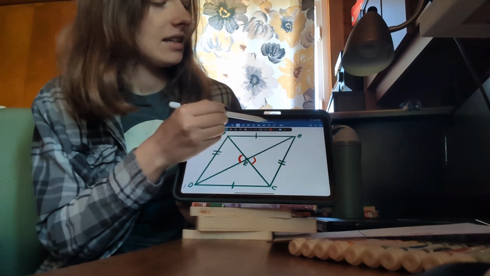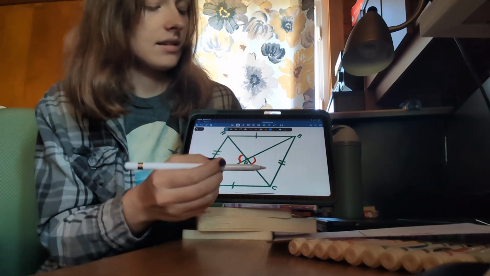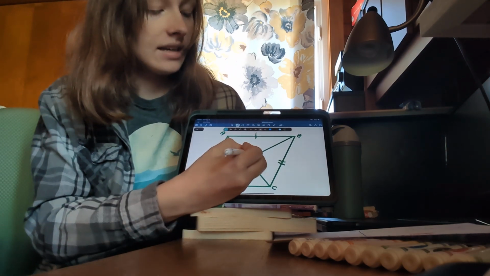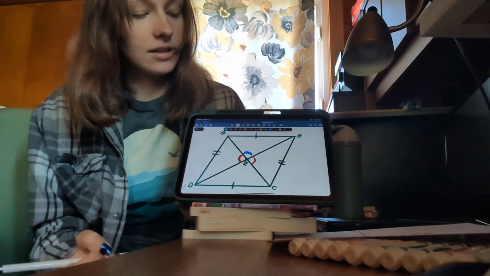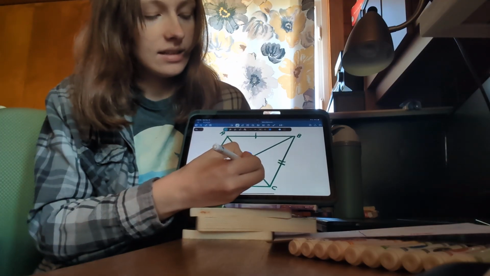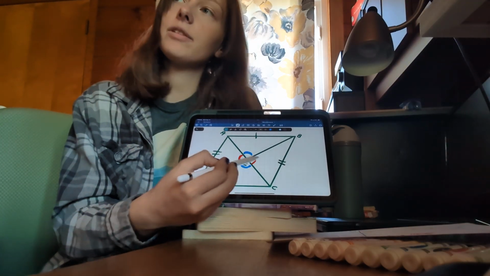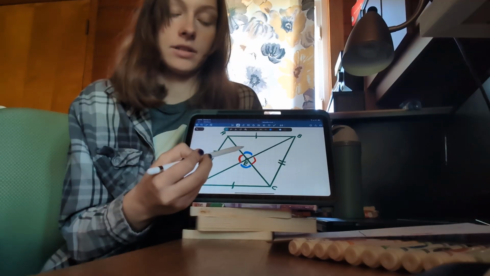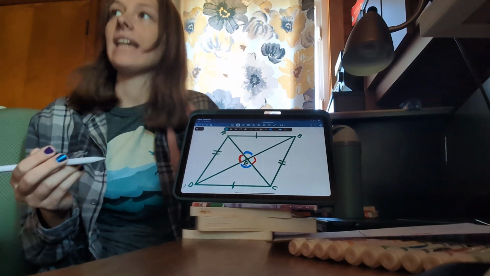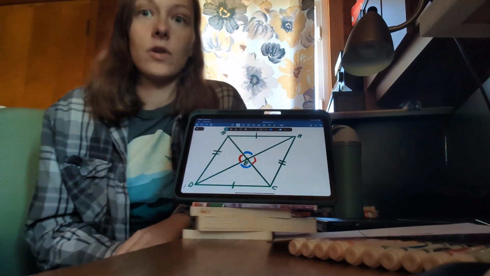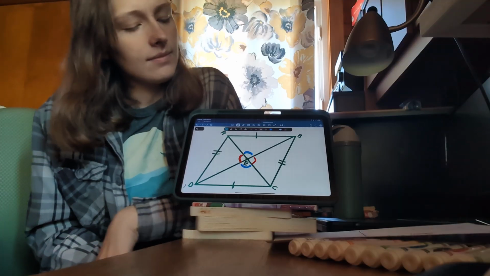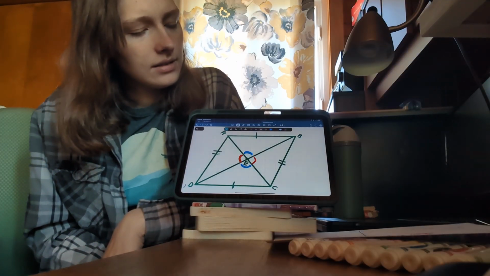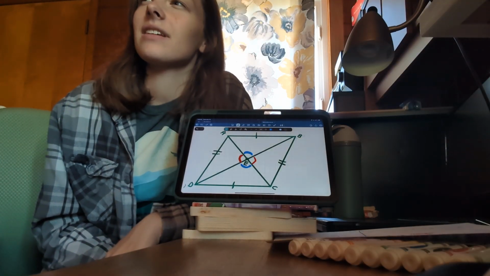Yeah. And you're also saying that AEB, this one over here, is congruent to DEC. So we're saying that the red angles are congruent to each other and the blue angles are congruent to each other, right? Yes. And that's because of vertical angles. All right. What else can you say, Timothy?